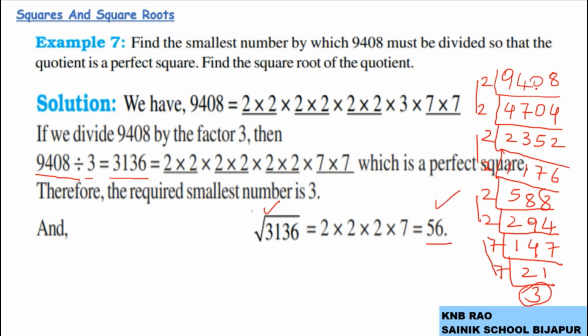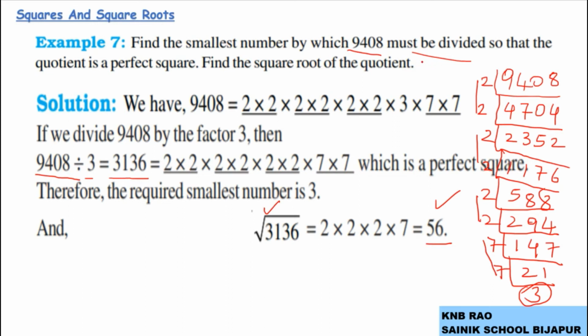So this is how we find whether the given number is a perfect square or not. If it is not a perfect square, what must be multiplied to make it a perfect square, or what must be divided to make it a perfect square? Questions can be answered using prime factorization method.